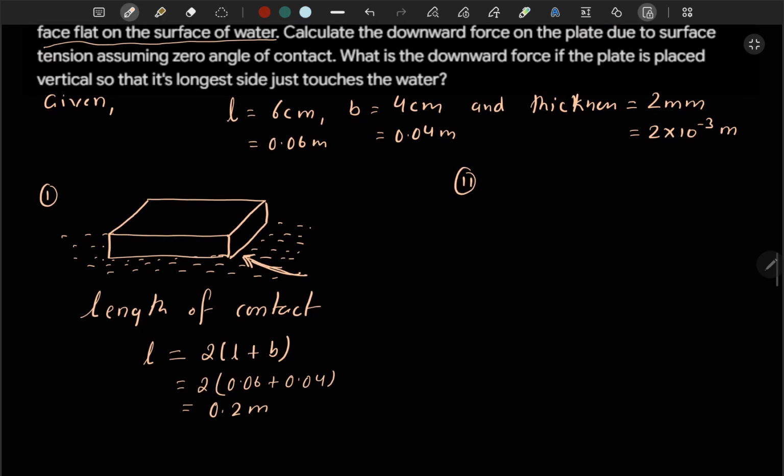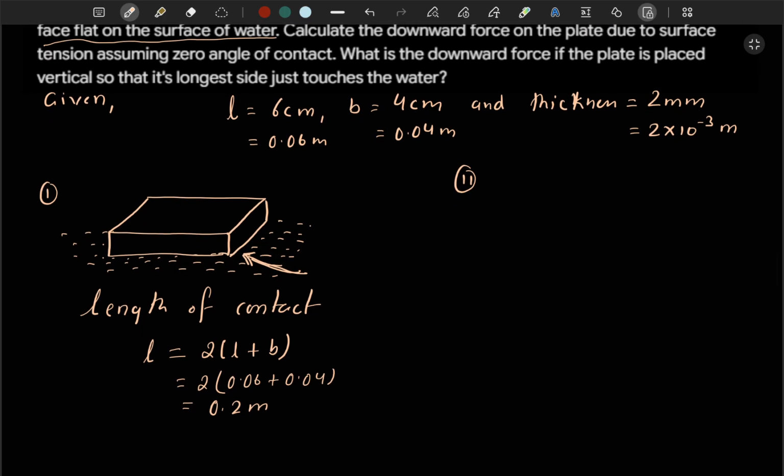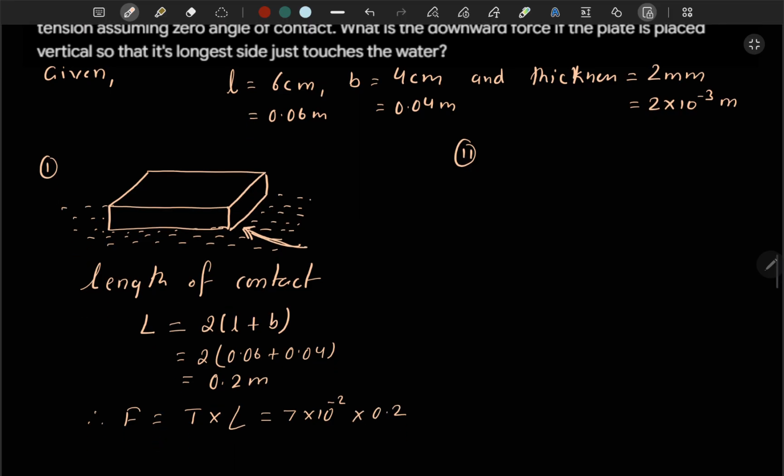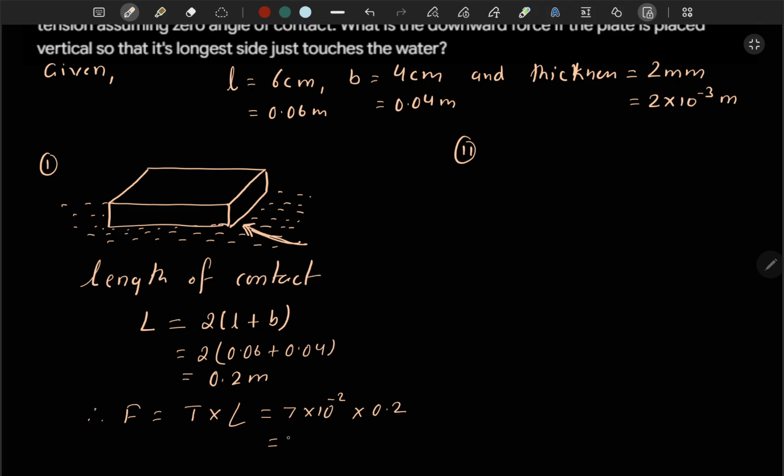and hence downward force will be equal to surface tension into length of contact, by definition. Length of contact capital L, and surface tension of water is 7 into 10 power minus 2 into length 0.2, which gives 1.4 into 10 power minus 2 Newton.